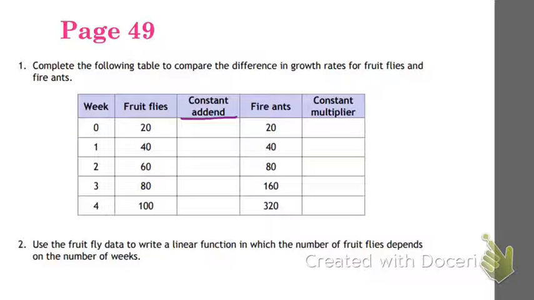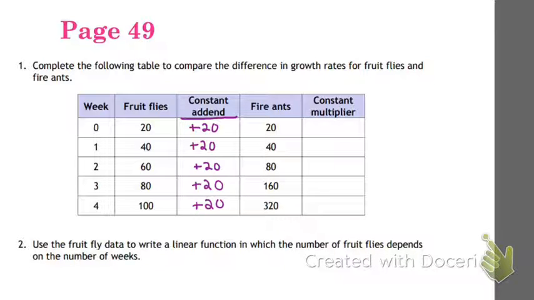So we add 20, add 20, add 20, add 20, add 20. Okay? So we are adding a constant each week to our fruit flies, and that constant is 20.